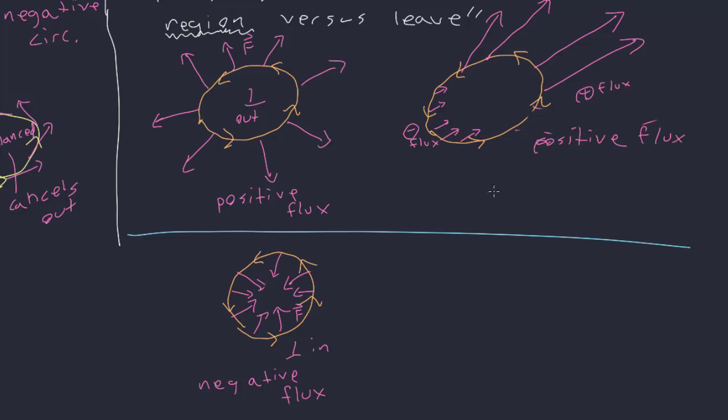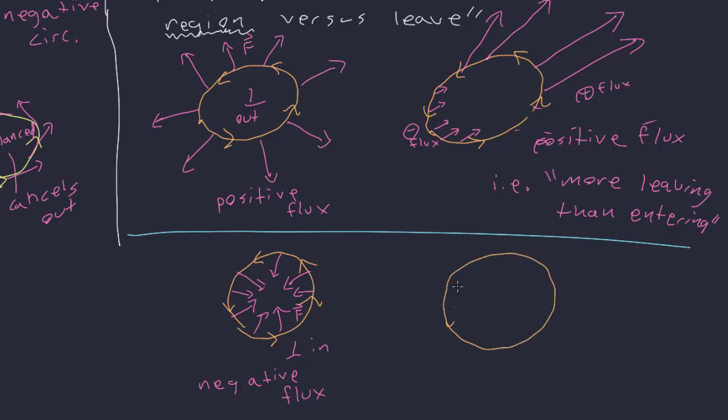So, in other words, there's more leaving than entering. That's positive flux. On the other hand, suppose that the vectors on this side are entering the region, but on this side of the path they're exiting, with very small vectors here.